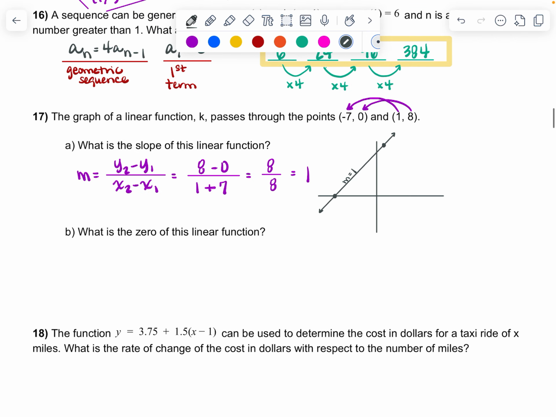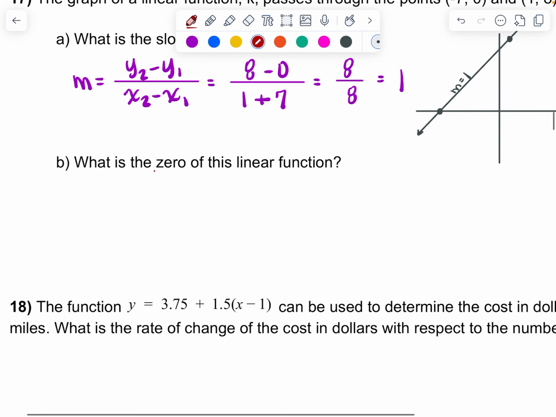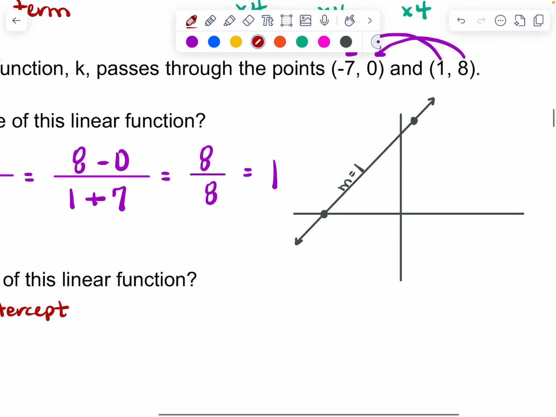Okay, now I'm graphing it because of this next question. It says, what is the 0 of this linear function? Or remember what 0 means. 0 is a fancy term for x-intercept. So I'm going to go back to my graph. Do we know what point this crosses the x-axis? Yes, we do.